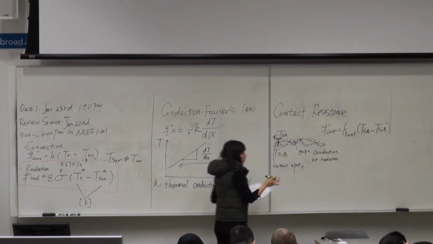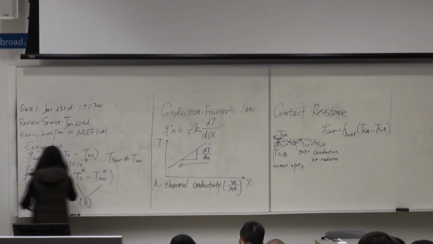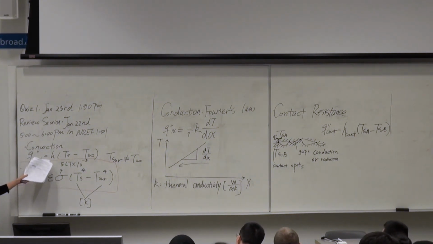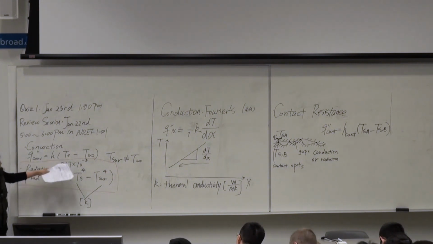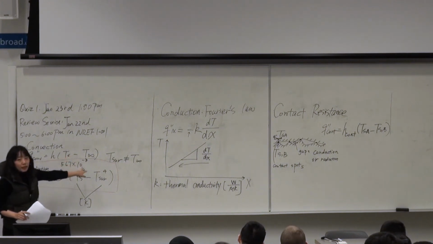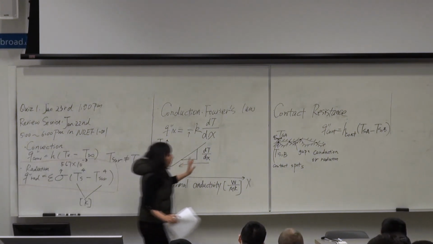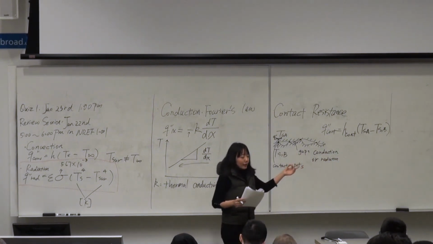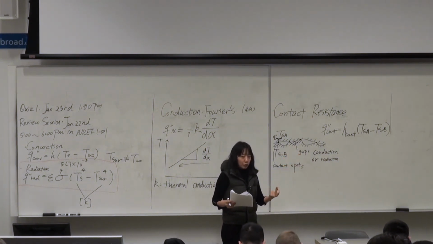It looks super similar to what we learned last class, the convective heat flux. The h is the convection heat transfer coefficient times the difference between surface temperature and that of the outer flow. Here we have the contact heat transfer coefficient times the temperature difference between two surfaces.